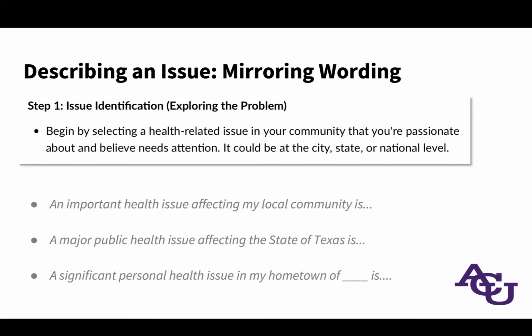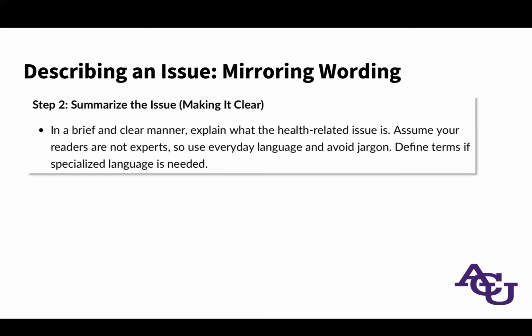Okay, I've said where it is down to the city level, and I've identified who in that area, and then it would be natural to expand in the next step on talking about things like the extent, the significance, the consequences, etc. Which brings us to that, okay, now we need more information, more detail: summarize the issue, and as it says, make it clear to the reader what's going on.